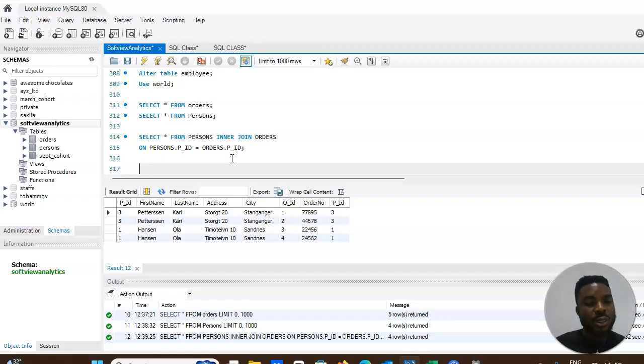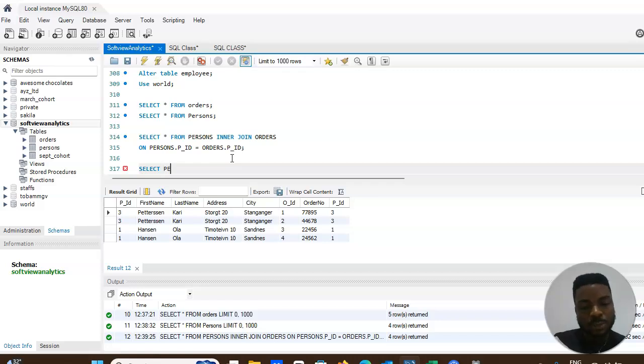Let's say we are not interested in calling out all, we are not selecting all, we just want to select a few columns. So I will say select. Now if I want to select the first name, for example, I am going to acknowledge the table I'm picking it from.